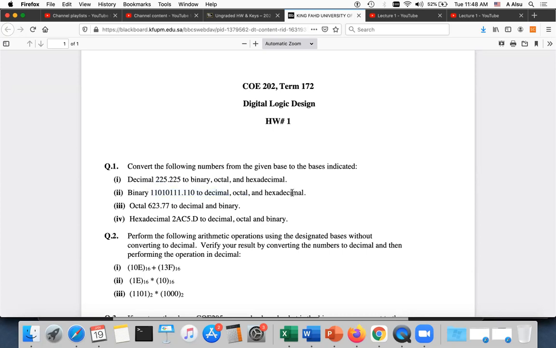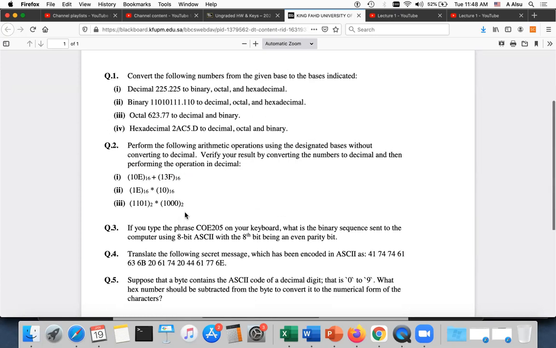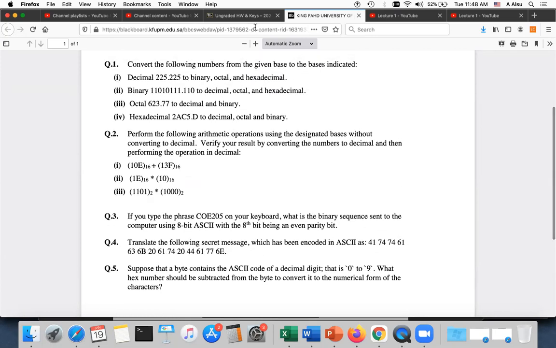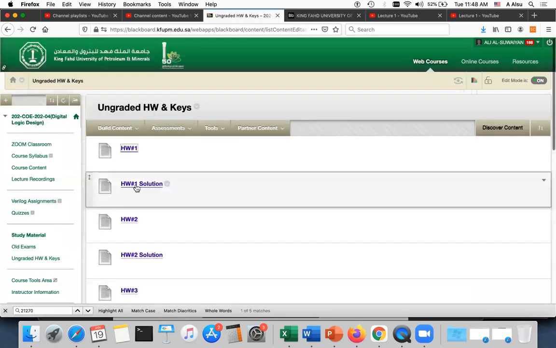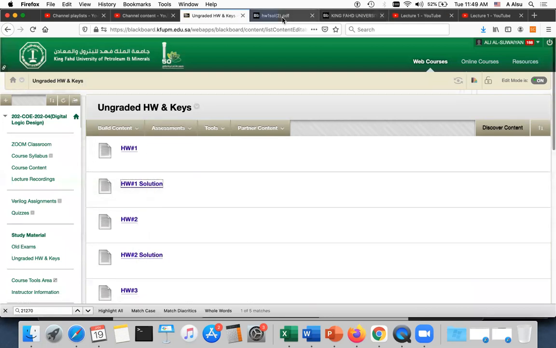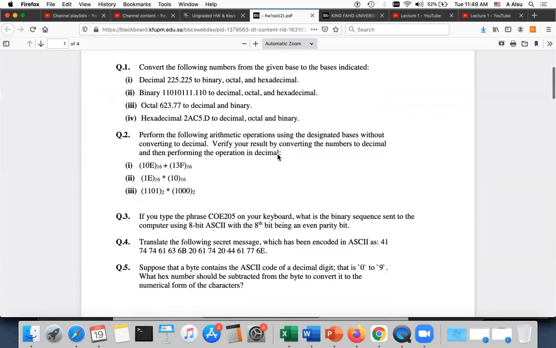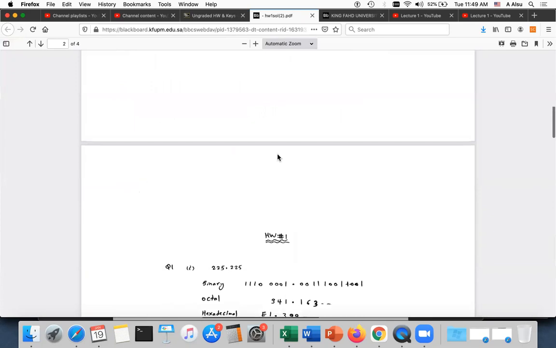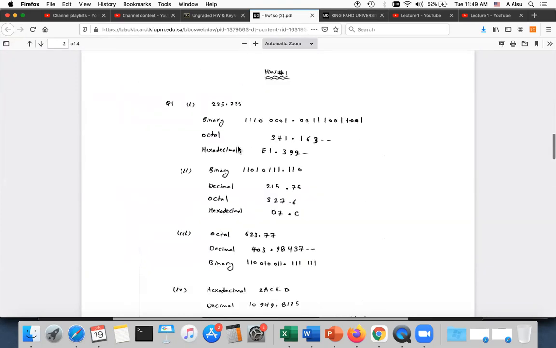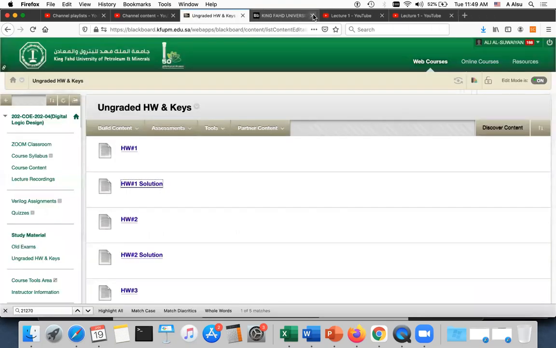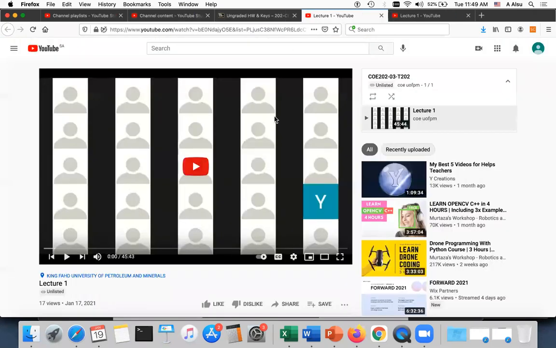To octal and hexadecimal, we still have to do it, but you can do it in a twisted way. The solution is available, by the way. If you want, you can see the solution here, but I advise you to try it yourself first and then look at the solution. You get that?